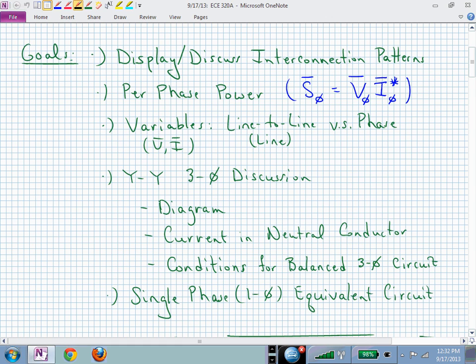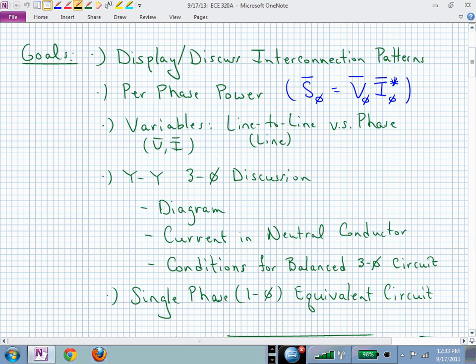3-phase elements. We will then also talk about some concepts that may be a little bit confusing, but hopefully with the pictures and the per phase power, it will make more sense: line currents and line voltages. When we talk about line voltage, it's line to line, transmission line to transmission line, but a lot of times we abbreviate that and just say the line voltage versus the phase voltage.